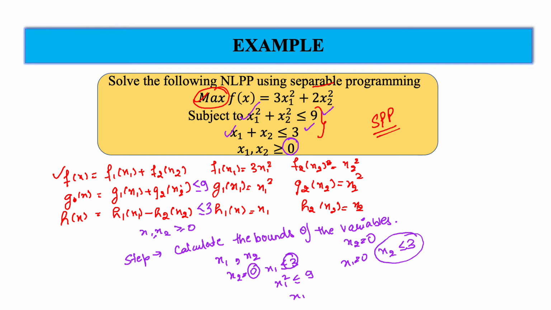The other constraints are also satisfied. So x1 is in between 0 and 3, and similarly the bound of x2 is in between 0 and 3. First of all, find the bounds corresponding to the variables involved in the problem. Here we have only two variables, x1 and x2.